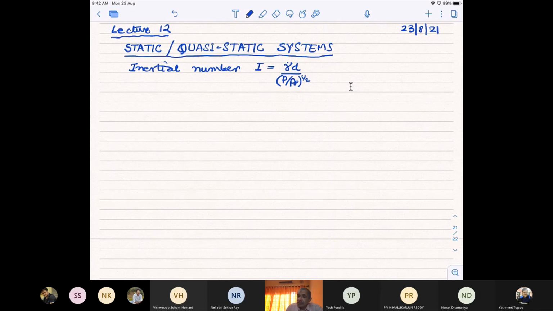And if this number is very small, then we say that it is a slow flow system. If it is more than 0.1, then we say it is rapid flow. So we are looking for I much less than 1, or I equal to 0. That means that there is no flow at all.